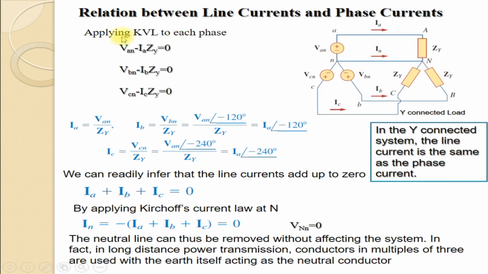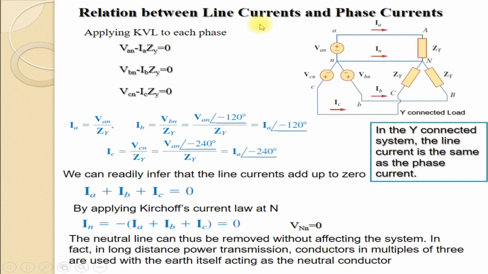Now, if you apply Kirchhoff's voltage law to this loop, if you start from this point, you get the first term as VAN, you have no drop across this, and the drop across this is IA into ZY. You are traveling in the direction of the current, so you are meeting a drop in potential.